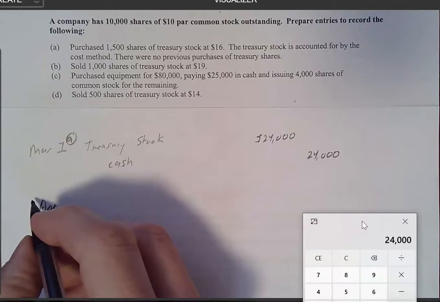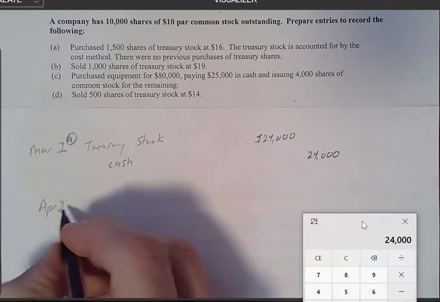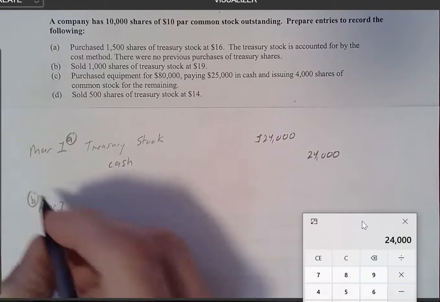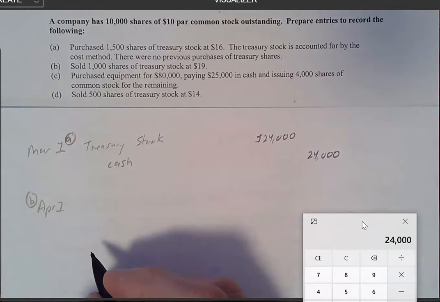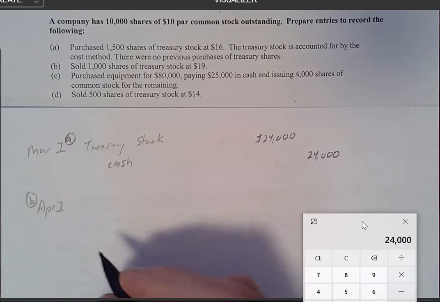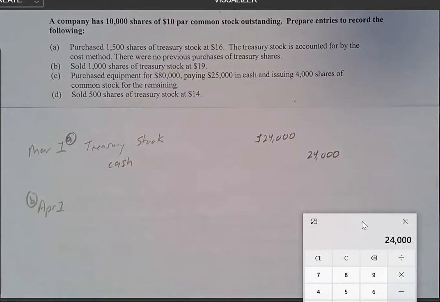And then this is April the 1st. Let's put B over here to the left. So it says that we sold 1,000 shares of treasury stock at $19. So 1,000 times $19 received per share is 19,000.